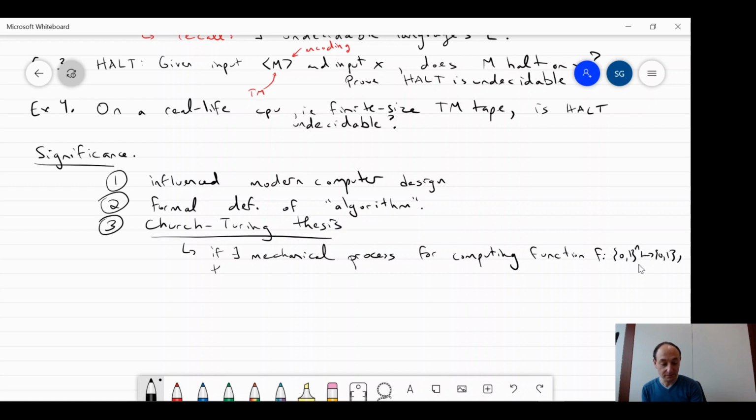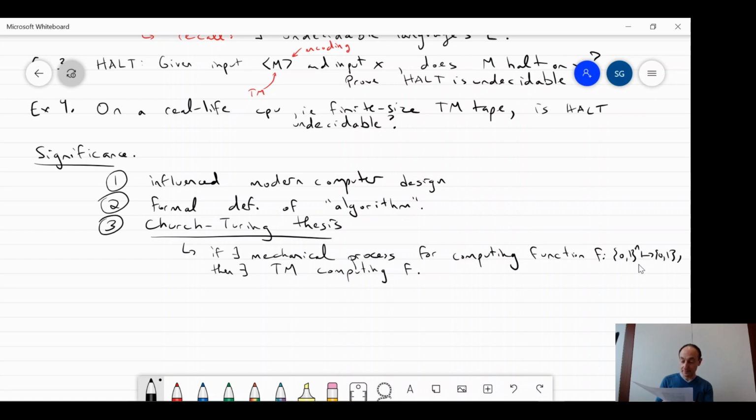Then there exists a Turing machine computing f. So that's what the Church-Turing thesis basically posits. In a nutshell, what this is saying is that if you want to understand the power of computation, the only model you have to care about is the Turing machine, nothing else.